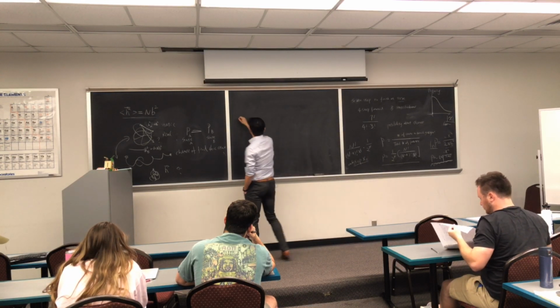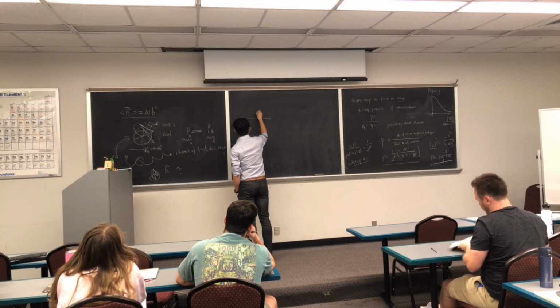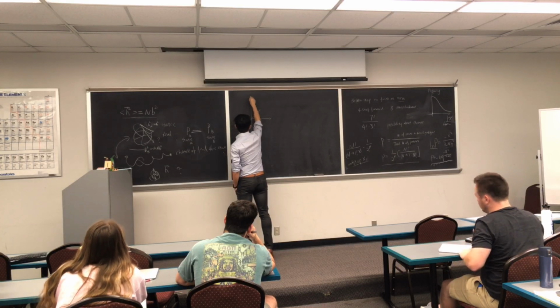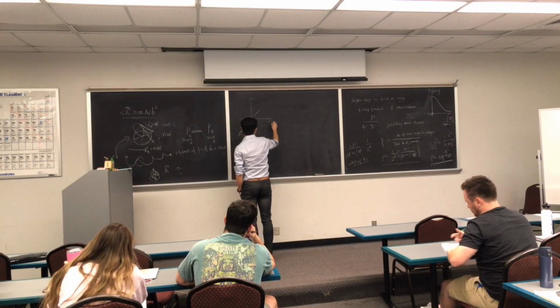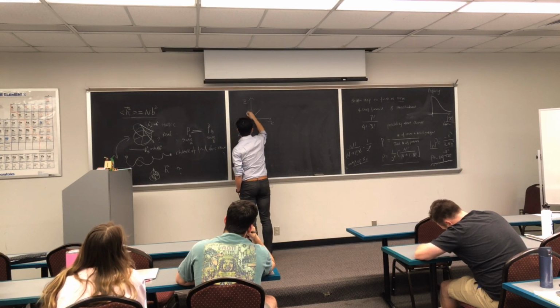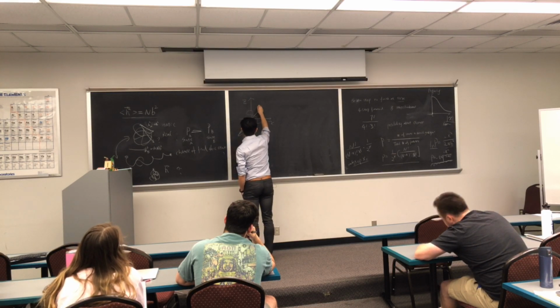We have a 3-dimensional axis, x, y, and z. You have a chain coming off, right?